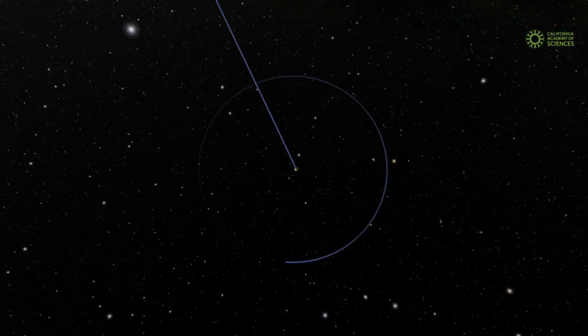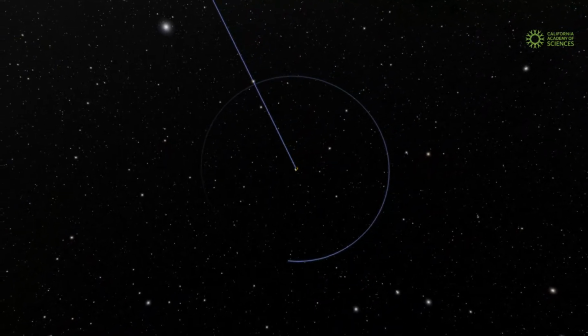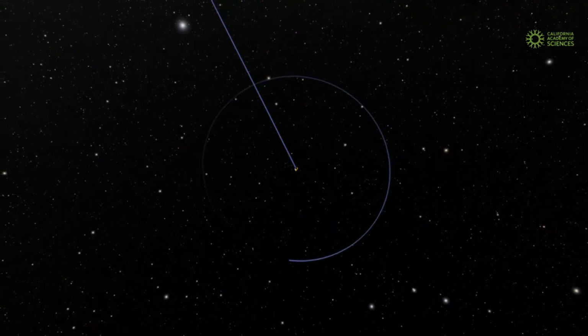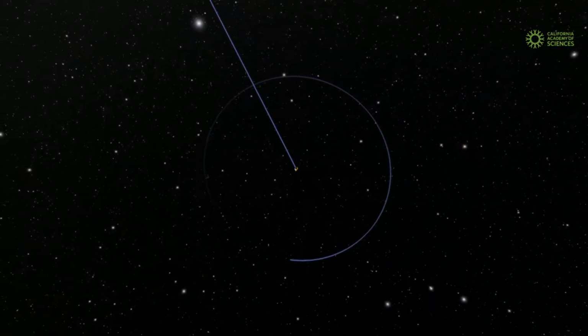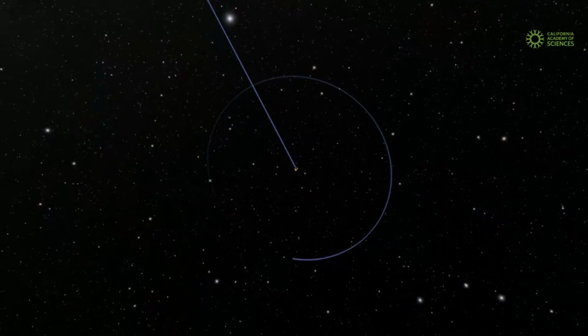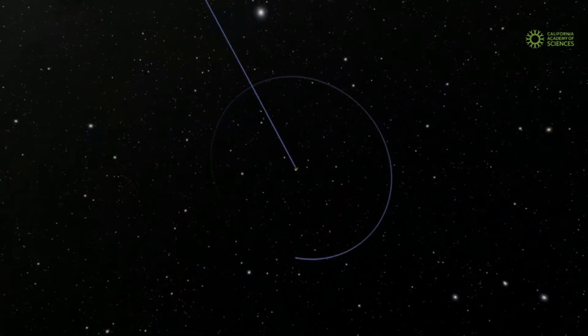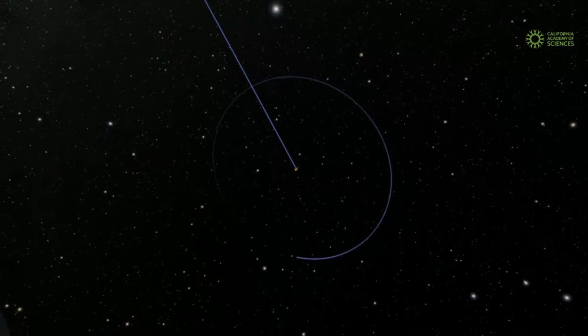Light travels at a constant velocity in the vacuum of space, about 300,000 kilometers per second, or 186,000 miles per second. And that means we can use it as a yardstick.